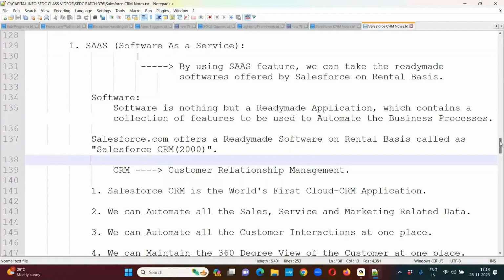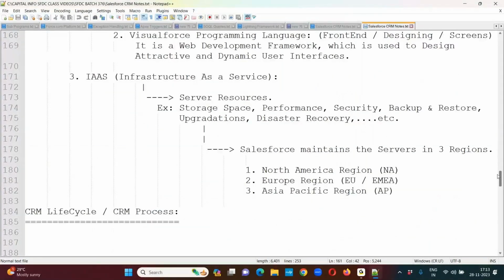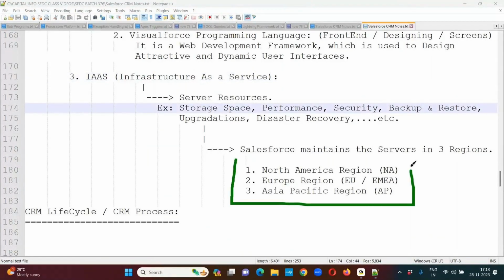And we have discussed the platform offered by Salesforce to the customer on a rental basis, which is called the force.com platform, and what we can do with its help. And we have discussed the infrastructure facilities offered by Salesforce, and the various regions in which Salesforce maintains its own servers in order to provide the infrastructure services to the customers.